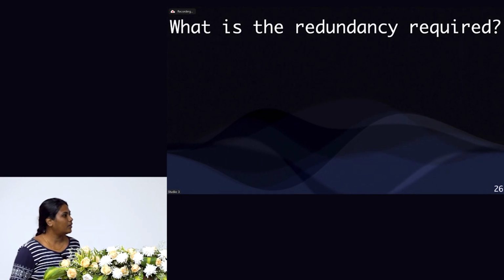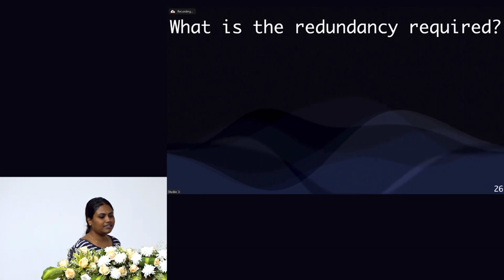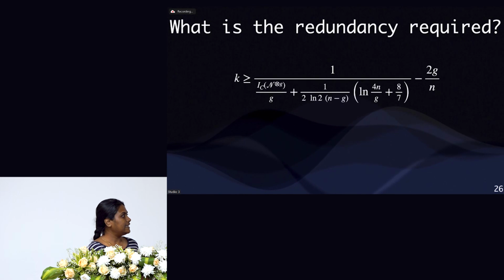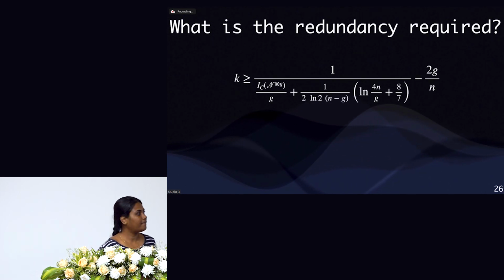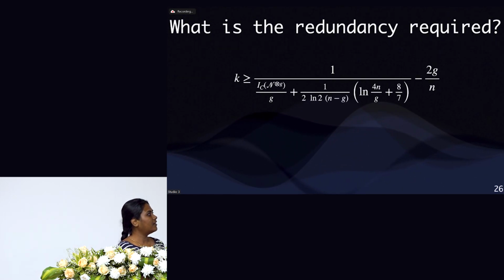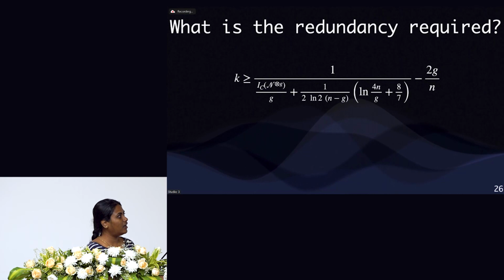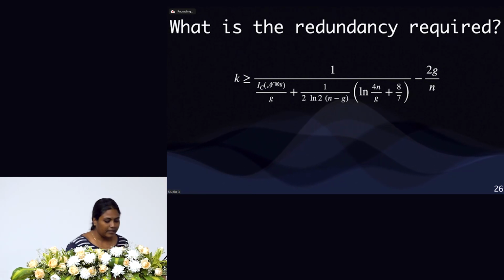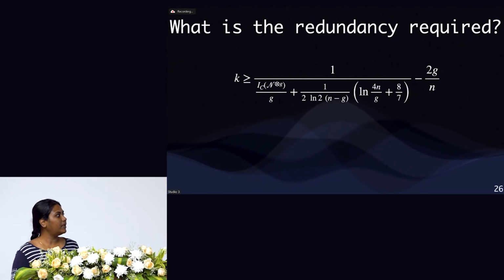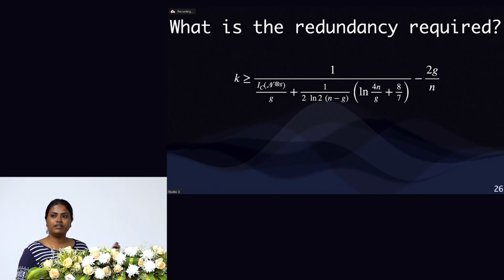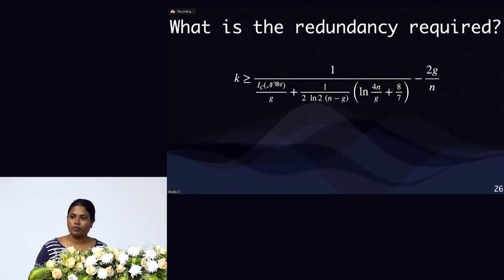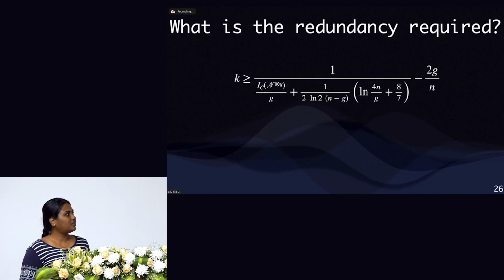So, we came up with a model to do that, and the redundancy that we got is in an equation like this. In this equation, we capture the gate size here, and this I_C of N tensor g is the coherent information of the channel. As I told in the previous result, it was related to quantum capacity, and this is coherent information.